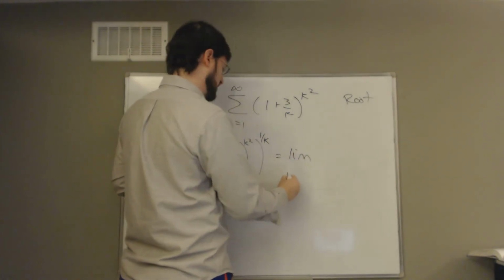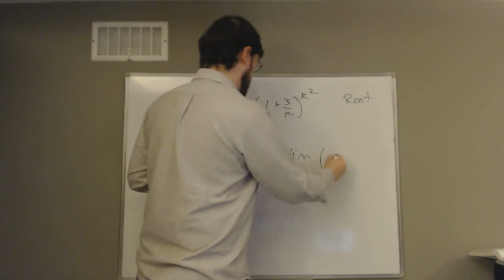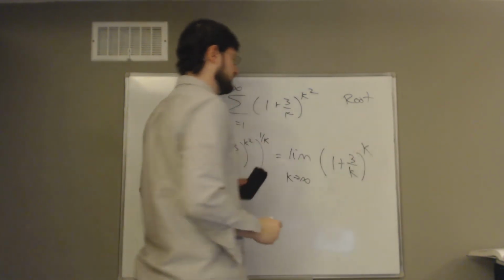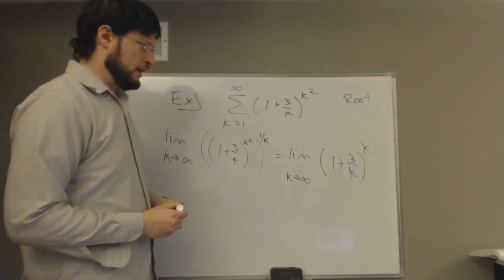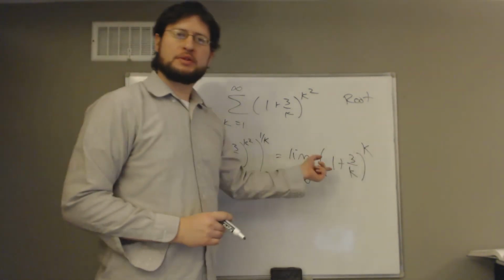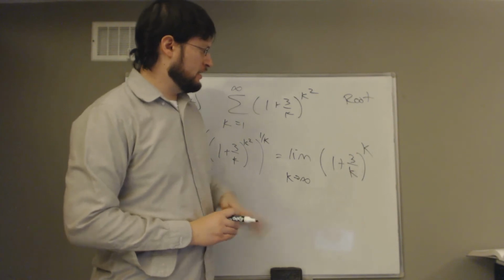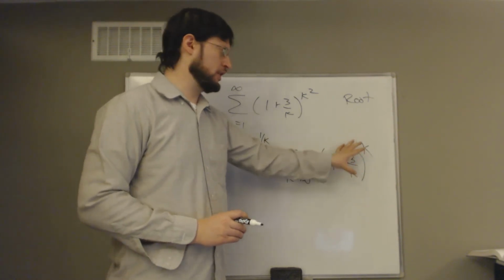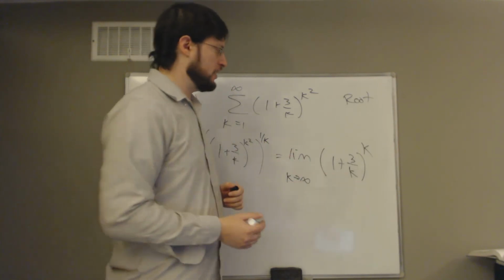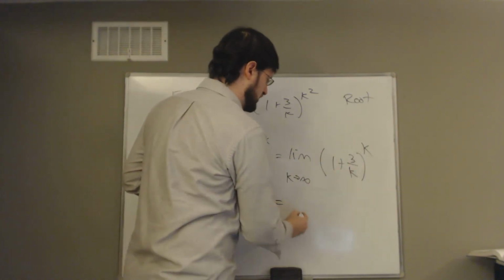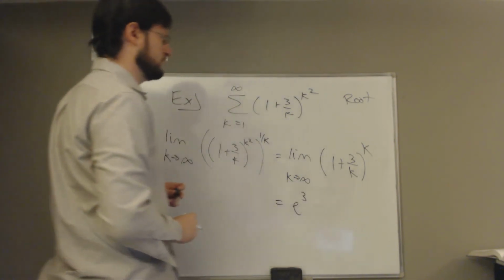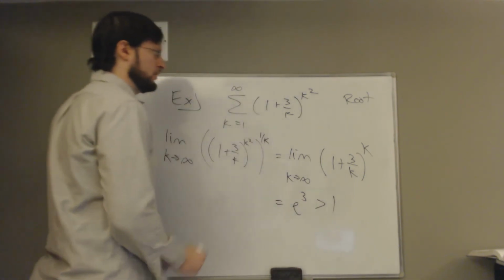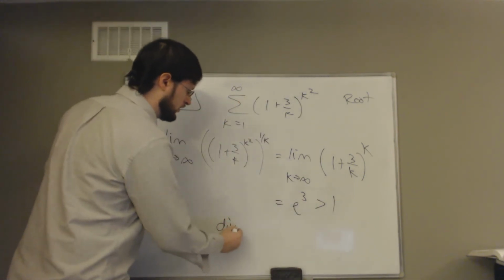So the limit as k goes to infinity of 1 plus 3 over k to the k. Remember that we saw a few sections back that the limit of 1 plus 1 over k all to the k was actually e. But because of this 3 here, we actually get e cubed. Now, e cubed is bigger than 1, so according to the root test, this diverges.